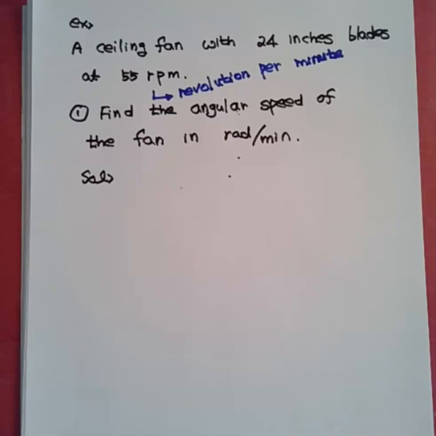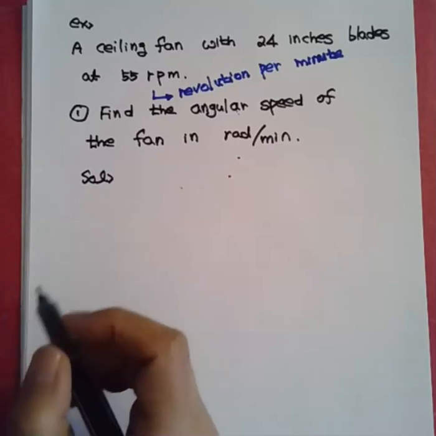RPM measures the speed the ceiling fan moves. But this time, we want to think about the speed by using an angular speed. So the first problem is related to the unit conversion.